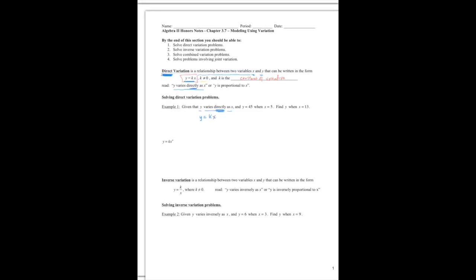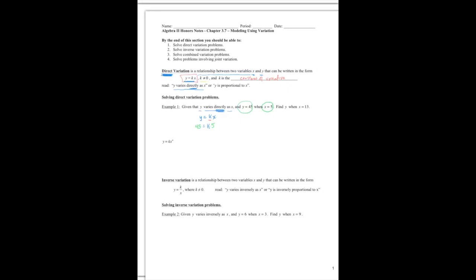Now, the key is to substitute in values for x and y to be able to find that constant of variation k. So we have been given y equals 45. So I'm going to substitute that in for y. And we have been given that x equals 5. So now this is just a linear equation that we can solve for k.